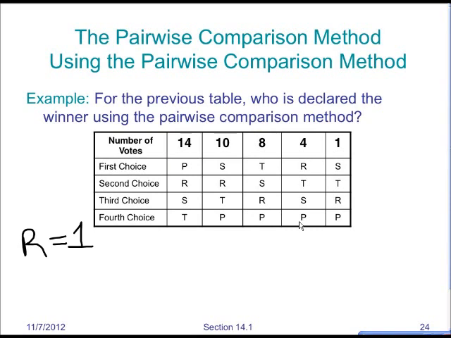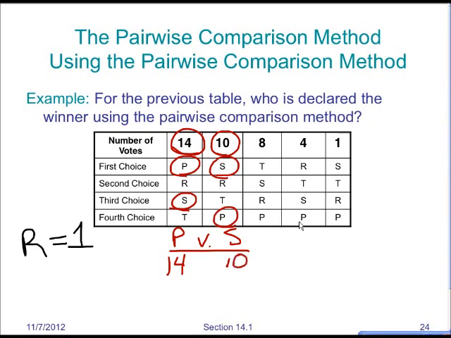Now we're going to compare Paul with Sarah. So Paul versus Sarah. Well, 14 people like Paul better. 10 people like Sarah better than Paul, because she's higher up in the choices. 8 people like Sarah better than Paul. 4 people like Sarah better than Paul.